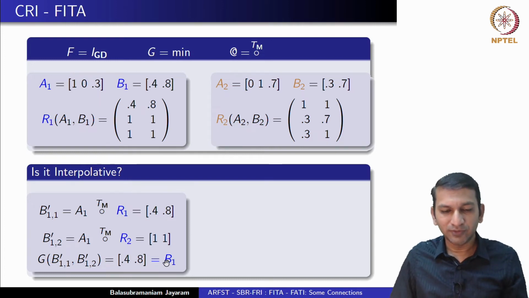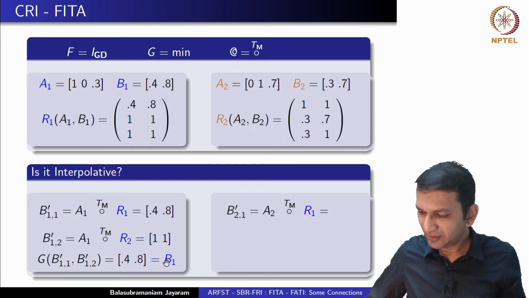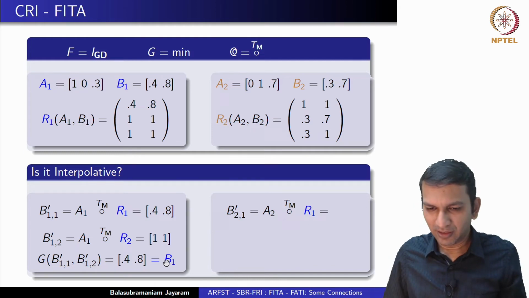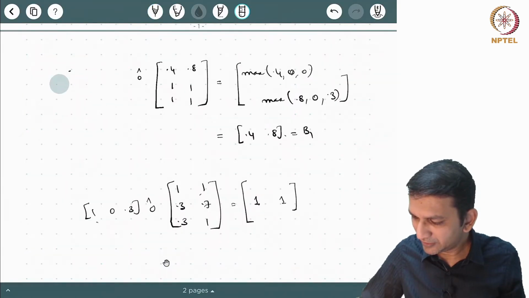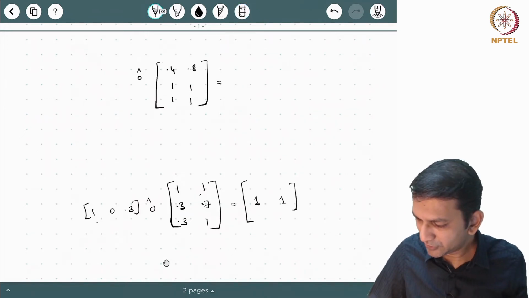Let's look at A2, whether we infer using the theta strategy, whether it gives B2. So once again, allow me to write it here. So A2 is 0, 1, 0.7.